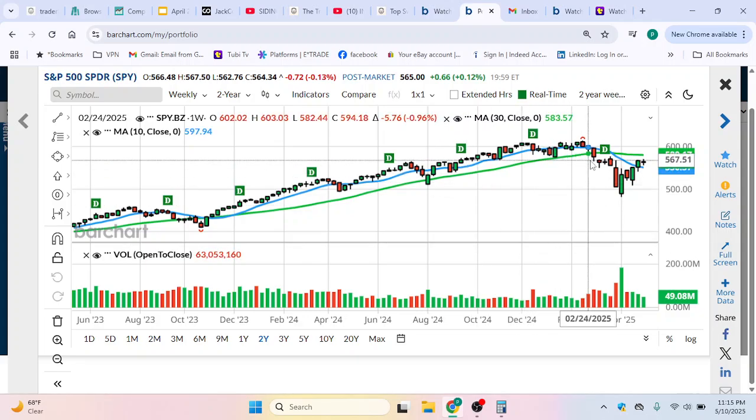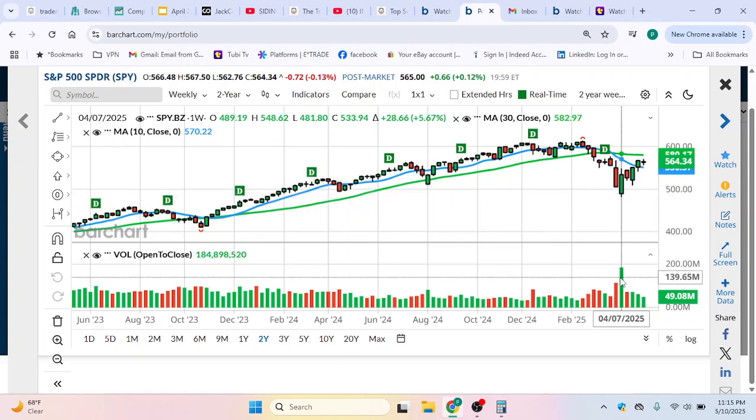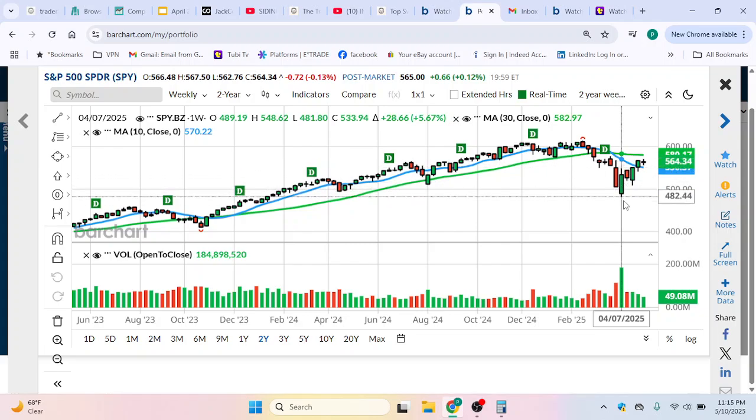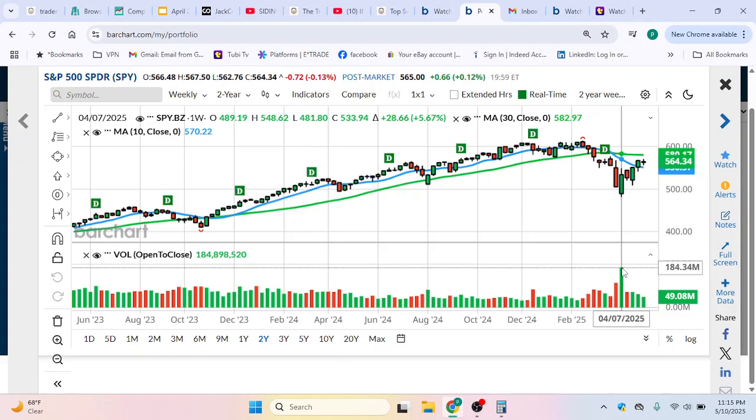We had week after week of selling, and then that selling kind of, I guess, came to a climax with this volume spike in the first week of April, which was, in technical terms, a gap down, made a new low, and a reversal to the upside candle. So that's a gap down reversal candle on heavy volume, way above average volume.